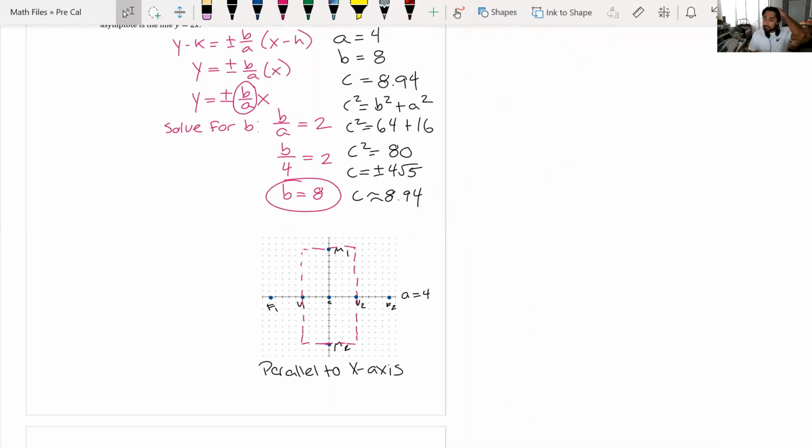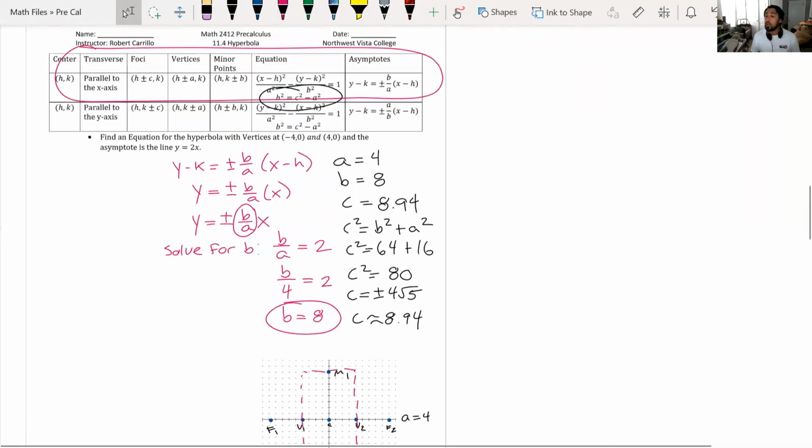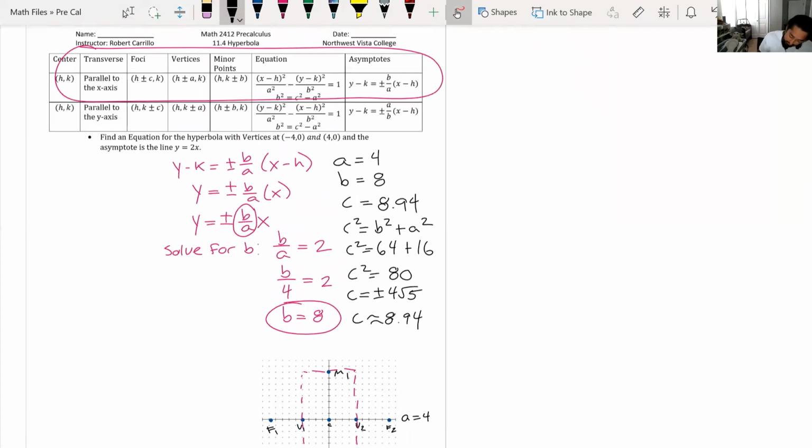Let's fill in the rest of the pieces. We know we are parallel to the x-axis, so we know which equation we can use. We're using that first one. So if we write everything, our center is at 0, 0 from the graph.